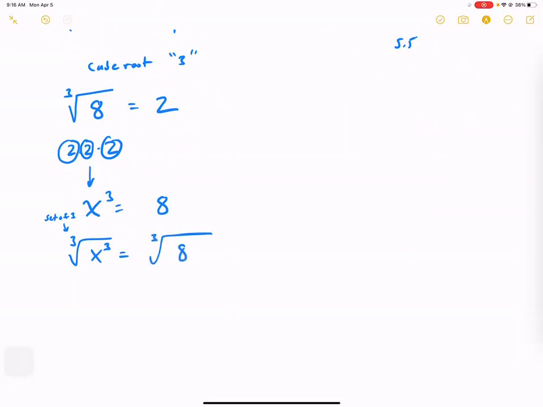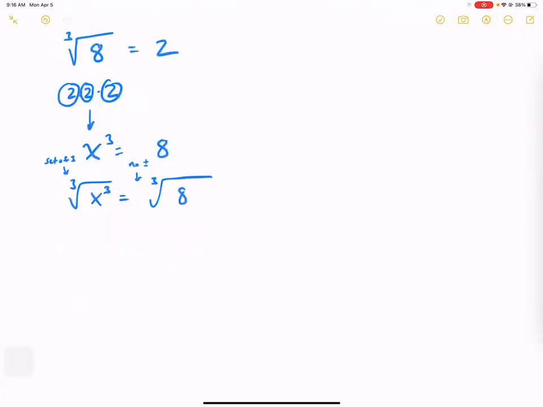And if you notice, I don't include a plus or minus here. We know what the cube root of 8 is; we said that was 2 from up here. Now, do we have enough x's here? I have 1, 2, 3 x's, right? And I am looking for a set of 3. So this does come out, leaving me just x.